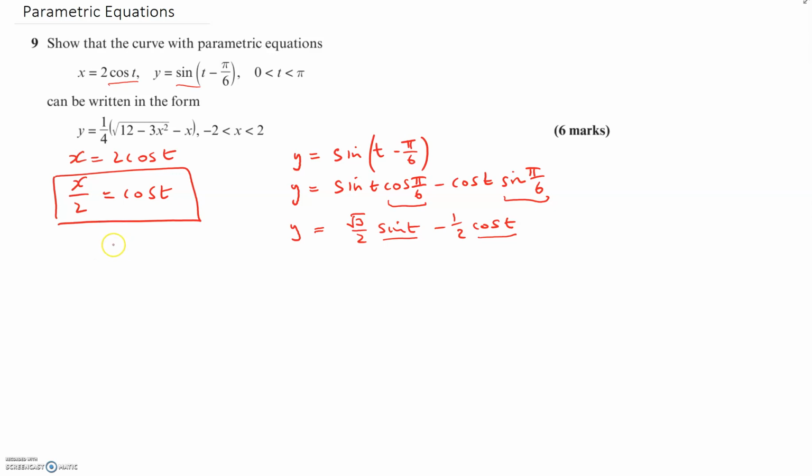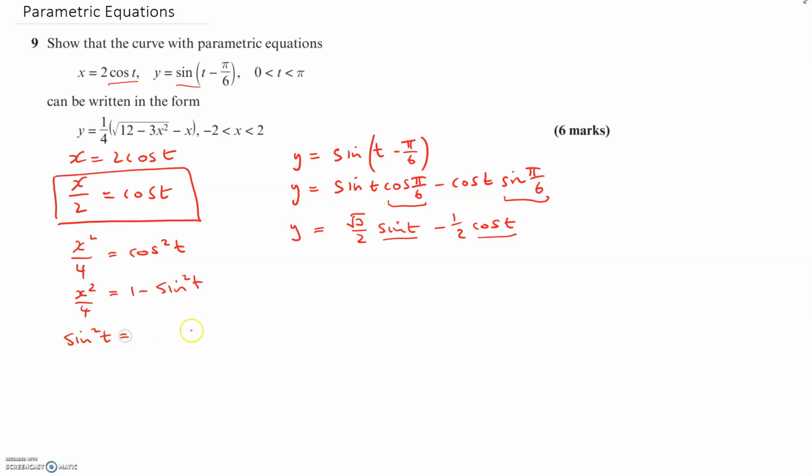So in order to do that, I'll need to square both sides, and then say that sine squared is 1 minus cos squared. And then a little bit of rearranging would give me what sine is.